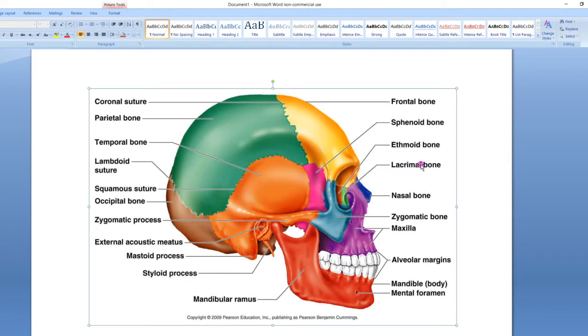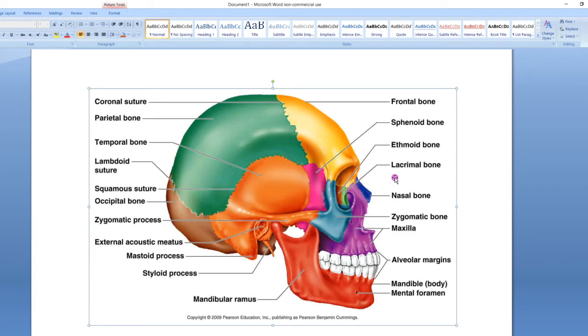So structures that involve your tears, like your tear ducts, your tear glands, they're all called lacrimal. So your lacrimal glands and your lacrimal ducts are all involved with tears. And so because this lacrimal bone is in your eyeball socket, it has the name associated with your tears. So the lacrimal bone, that's pretty easy.